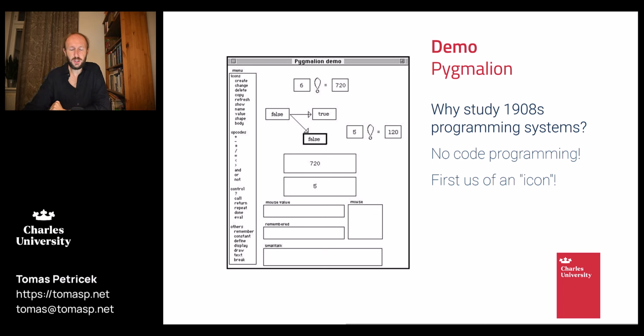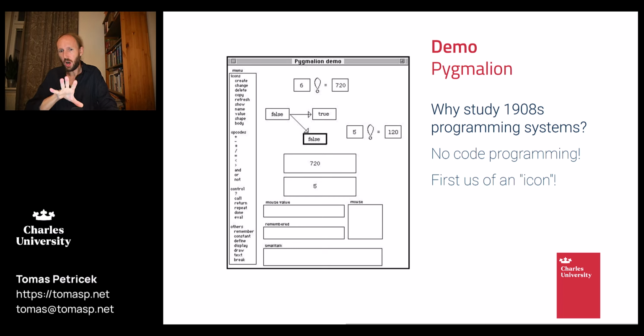And I want to give you one nice example that illustrates this. It is based on a project to understand interesting past programming systems. The programming system that we're looking at here, which you can see on the screen, is called Pygmalion. This was one of the first programming by demonstration systems, where you can enact a program and then replay it.